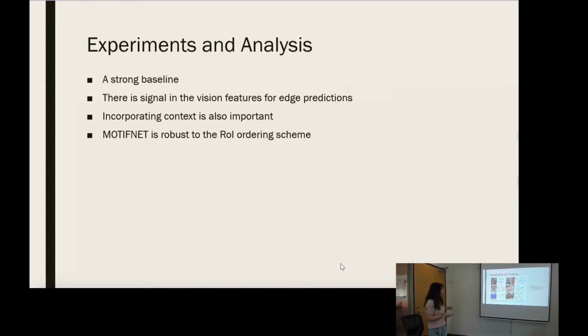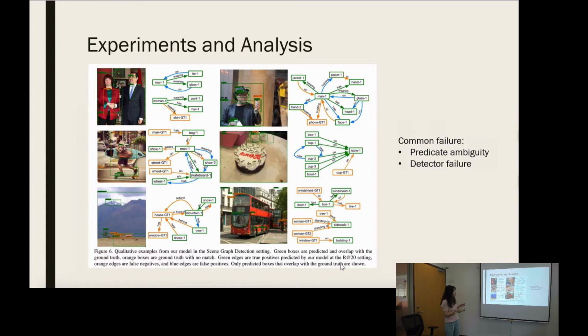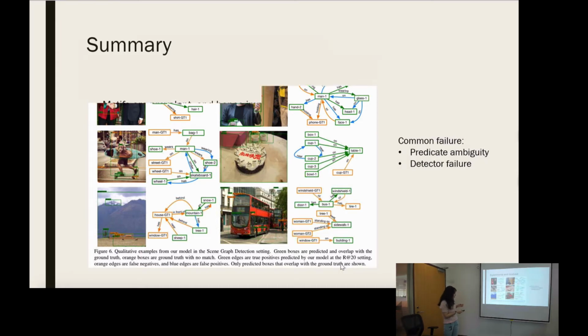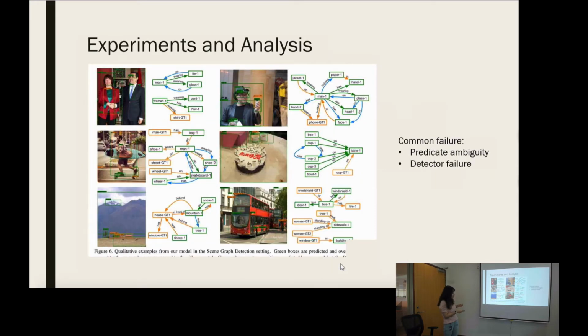Then they also do some experiments and analysis. Here, the green one is the brown shoes, and the yellow and the red one is something else. Sometimes they show in the brown shoes, and the green one is something they predict but does not show in the brown shoes.